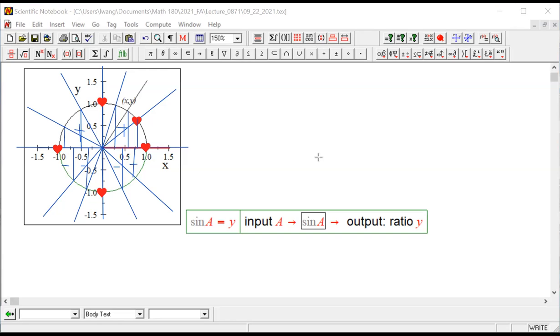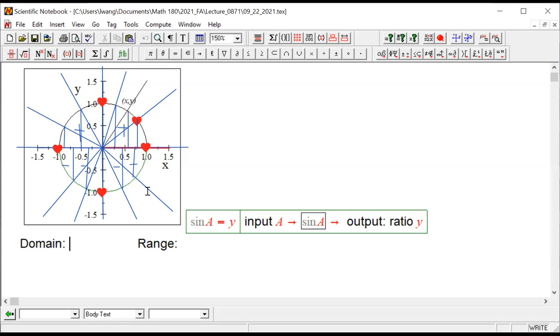So in the end, what can we say about the domain and the range? What we have described is the range. Domain are the choices of angles. Is there any angle that cannot be used as a domain? Cannot be used for input? None, right?